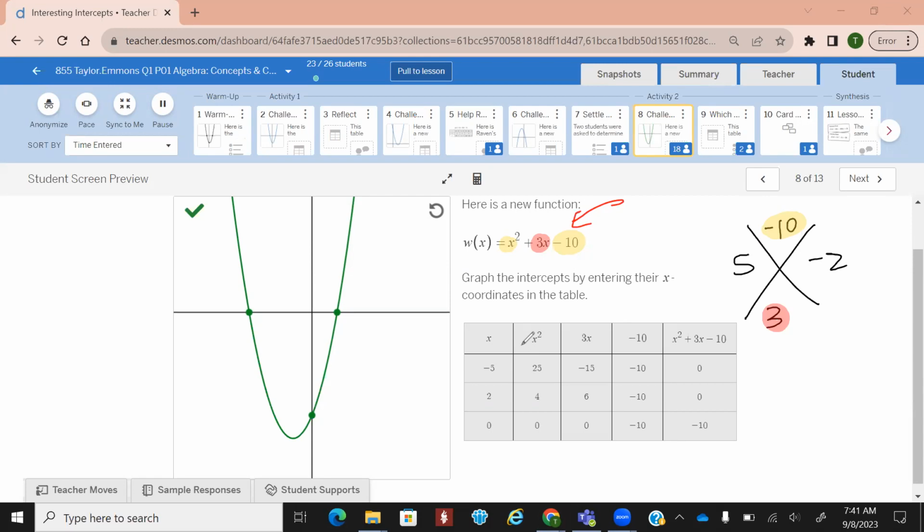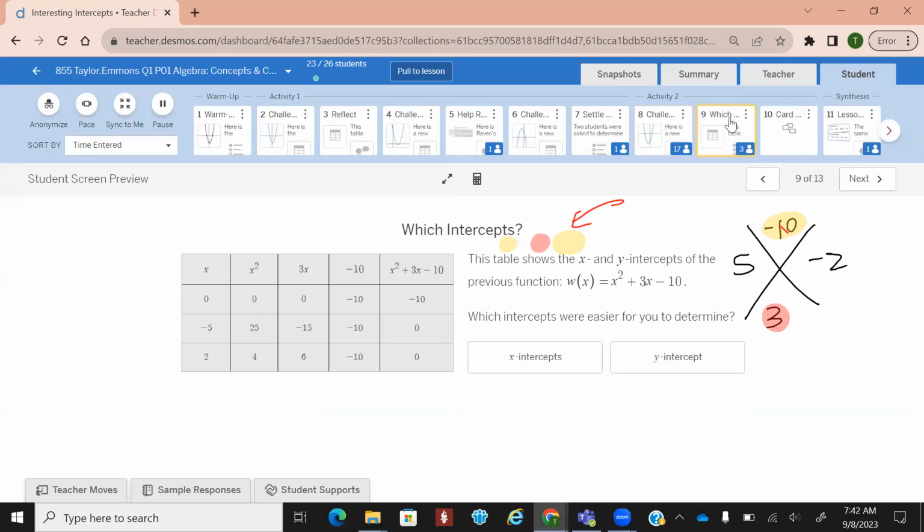Okay, in this next part of this unit, this is what's going to come up. You have to be able to factor. That's what that's called. All right, looking at slide number 9. This table shows the x-intercept and y-intercept. Which intercepts are easier for you to determine? X or y-intercept?